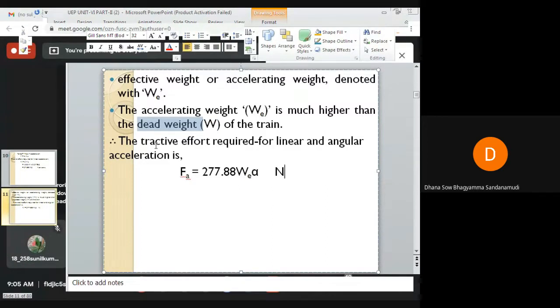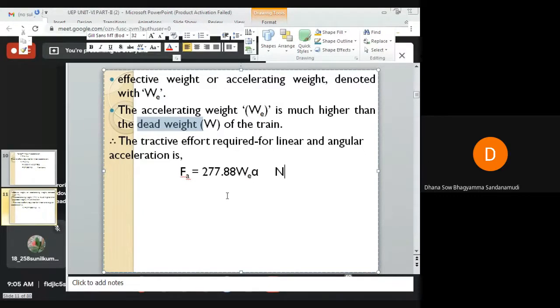So the tractive effort required for linear and angular acceleration, Fa, including this effective weight We, will be 277.8 We alpha. The parts of this train need to be given angular acceleration at the same time as the whole train is accelerated in the linear direction.